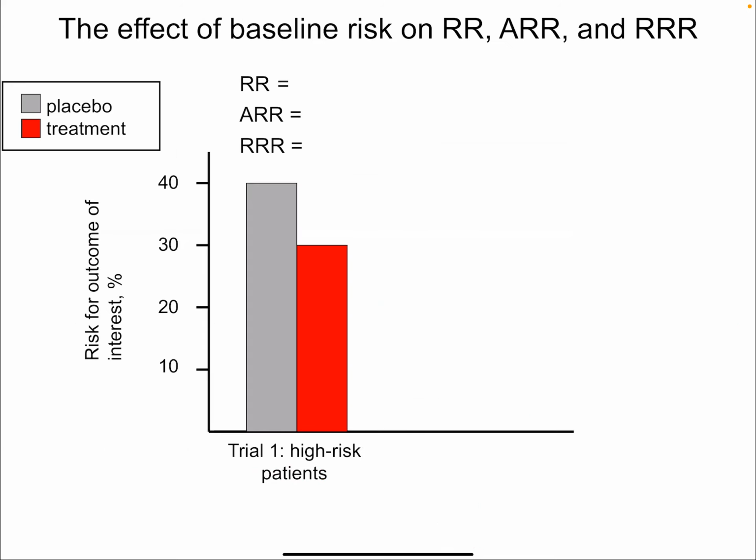We can use a histogram to represent these results. Here, this is control group, and this is treatment group. Relative risk is the ratio between these two. 30% divided by 40% is equal to 75%.